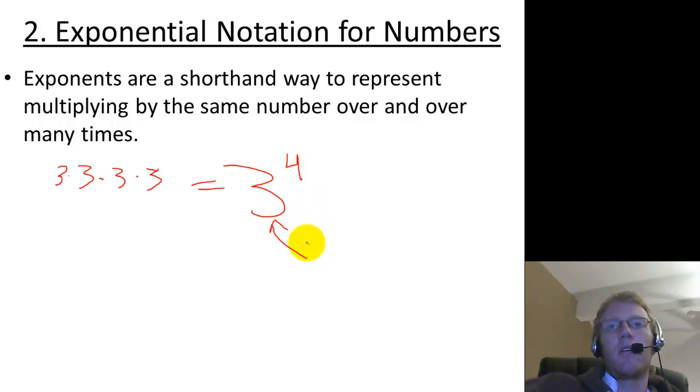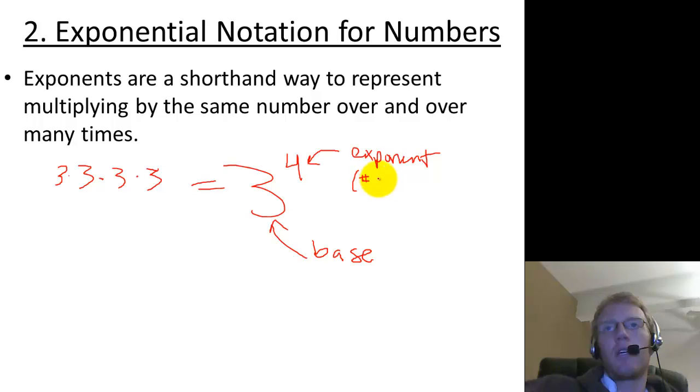And so this right here is called the base, and that's the number that you're multiplying over and over and over. And then this up here is called the exponent, and that tells you the number of times you multiply.